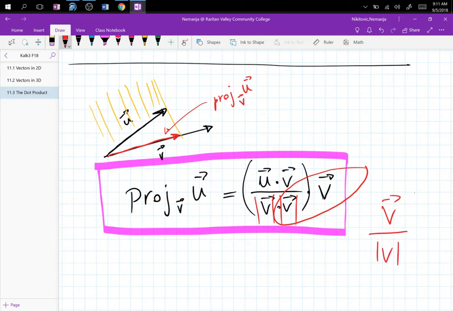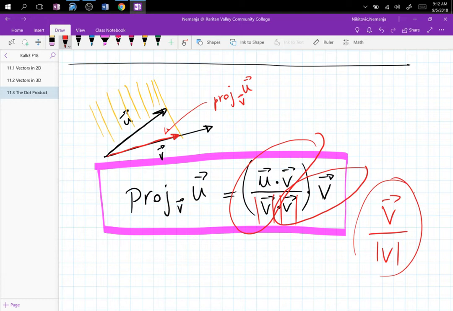Now, what is that? Unit vector. So this is the unit vector in the direction of v. Please note that the red vector over there is in the direction of vector v. So you have this component that gives the direction, and the other three give us the scaled magnitude.